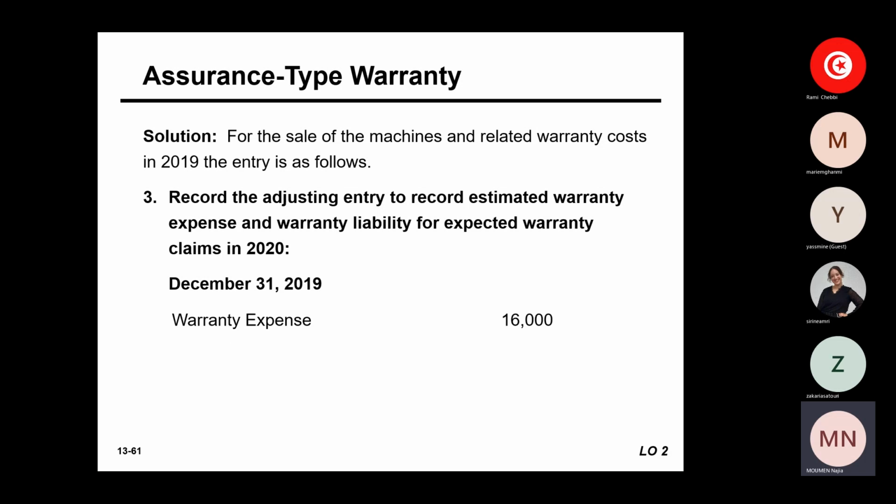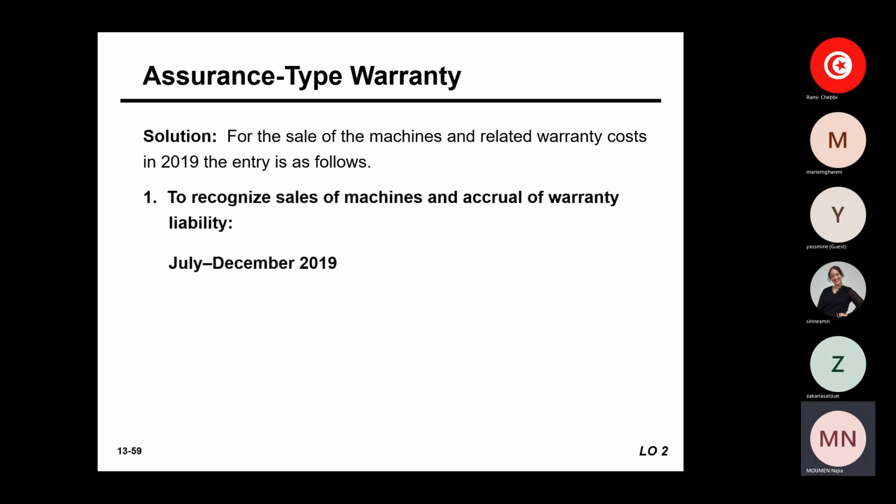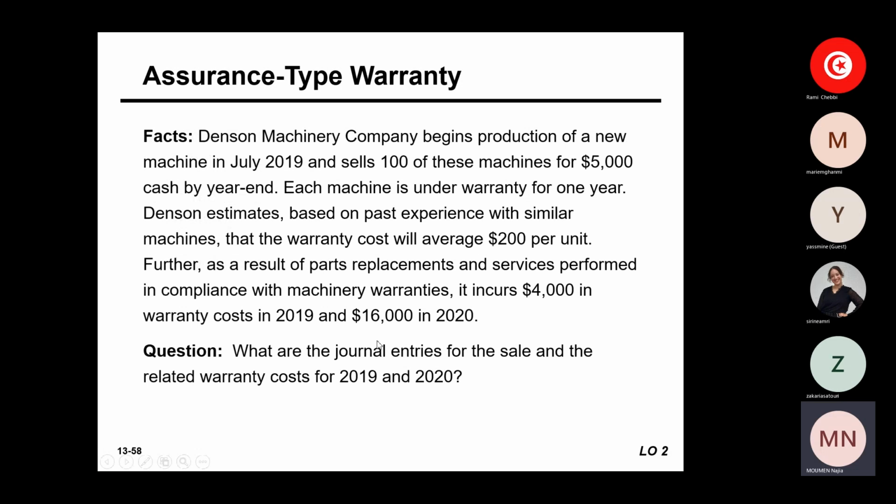Please, one remark. If you go back to this illustration, it said that based on past experience with similar machines, the warranty cost will average 200 per unit. So please, why didn't we make any journal entry regarding these 20,000 as warranty liability?